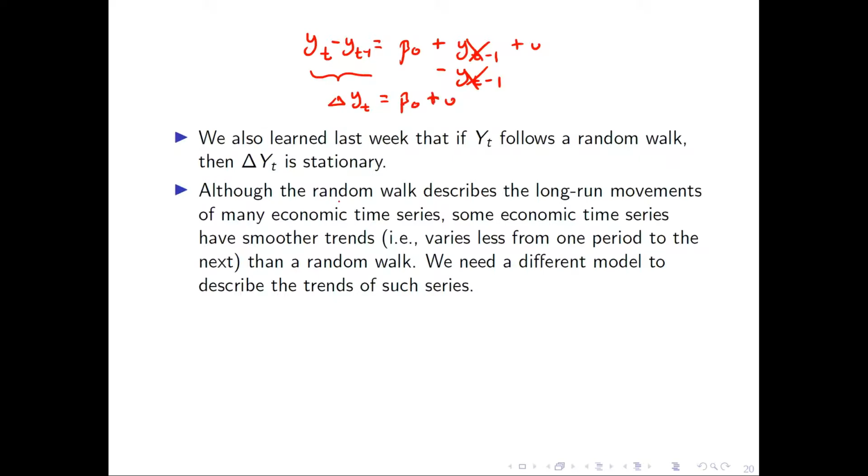So this difference is randomly evolving around beta naught, which is a constant. So this difference in yt is stationary.